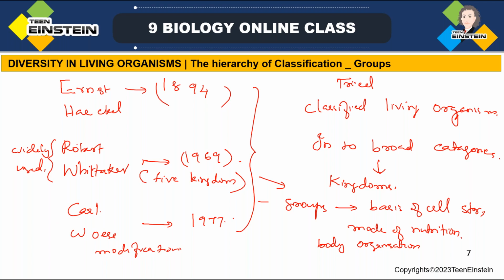According to Carl Woese's modification, Kingdom Monera is divided into Archaebacteria and Eubacteria.